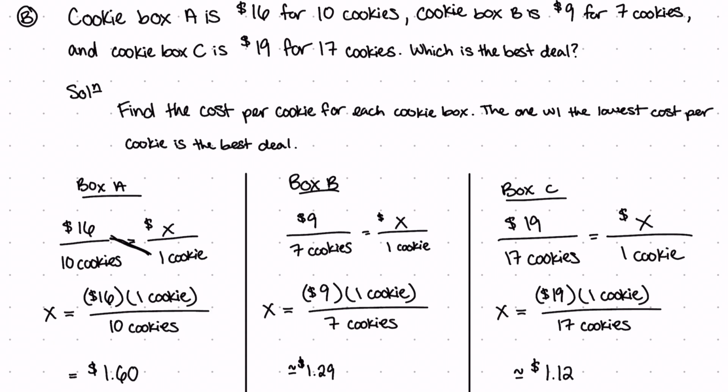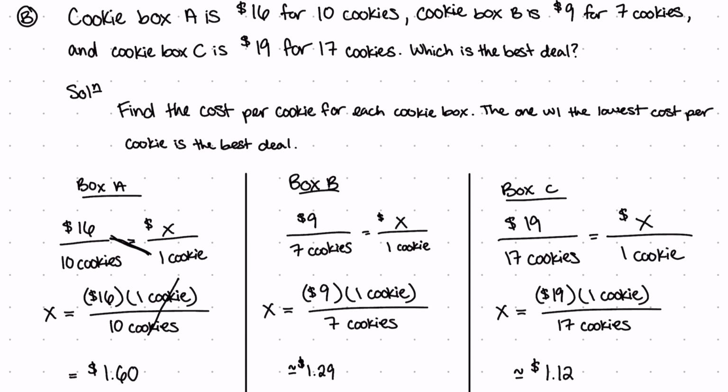So x is equal to $16 times one cookie divided by 10 cookies. Remember, those cookie values cancel out, and we're left with $16 times 1 divided by 10. And that gives us $1.60 per cookie.